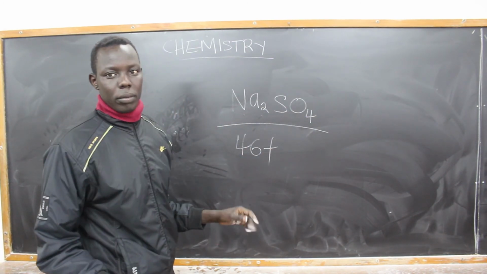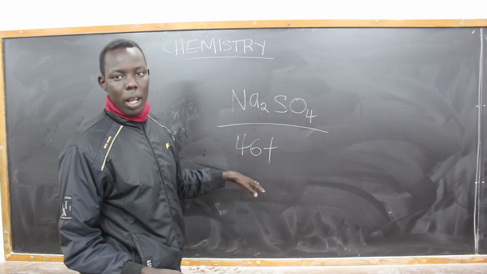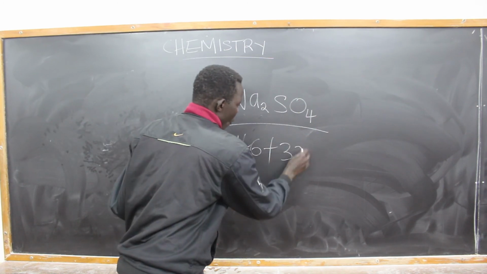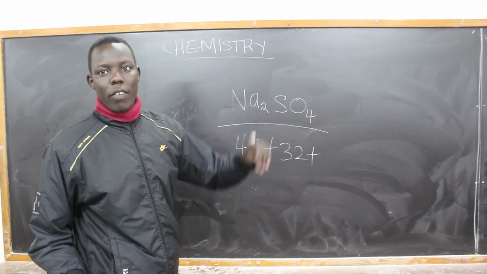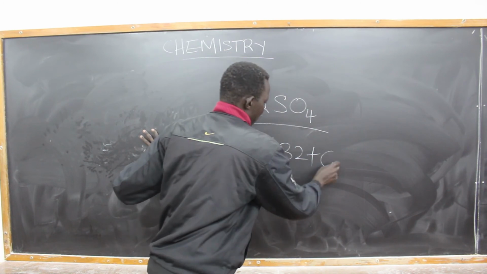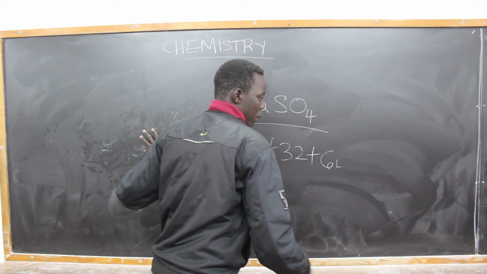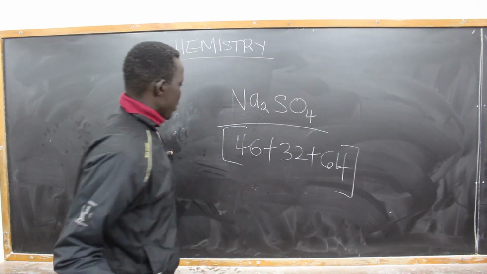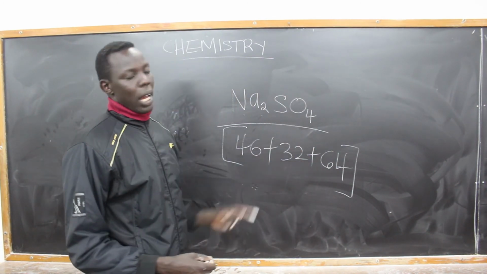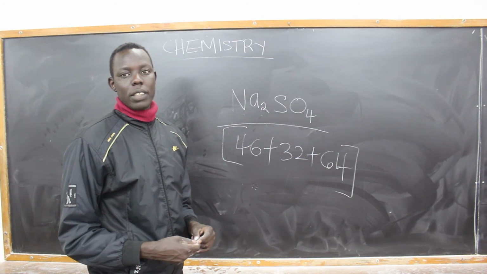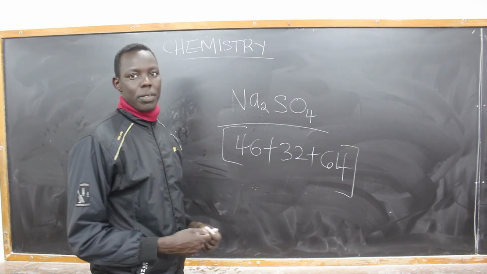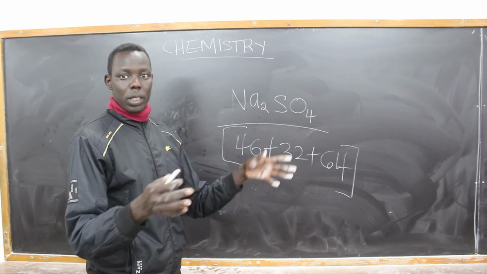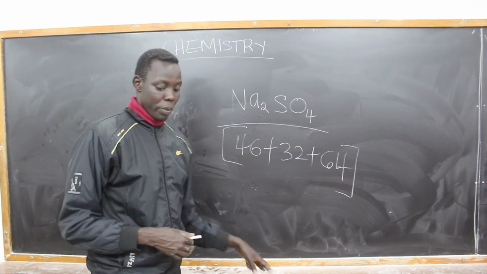Plus sulfur, atomic number 16, mass number 32. Oxygen 16, but we have 4 atoms, 64. You add this, you get the relative molecular mass, RFM, all of it, as long as you have done as I have said.